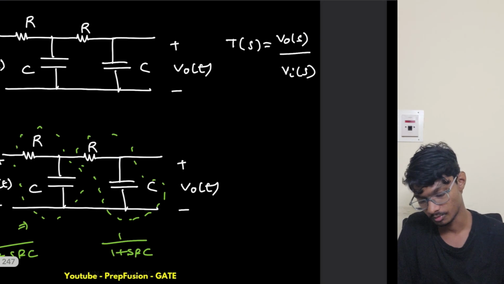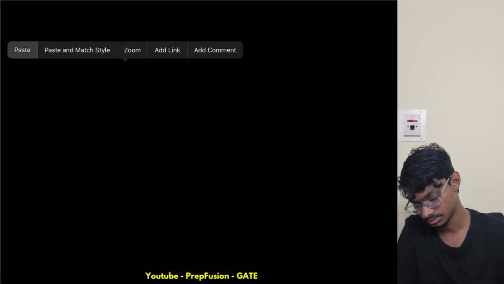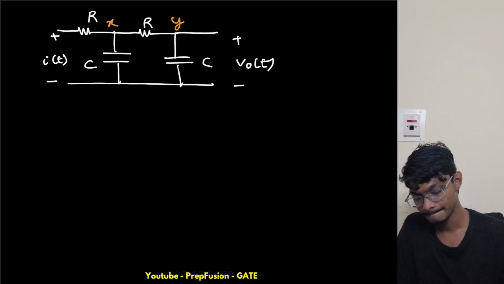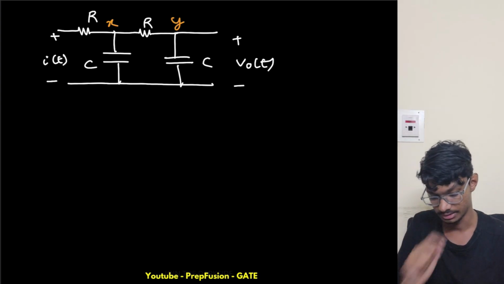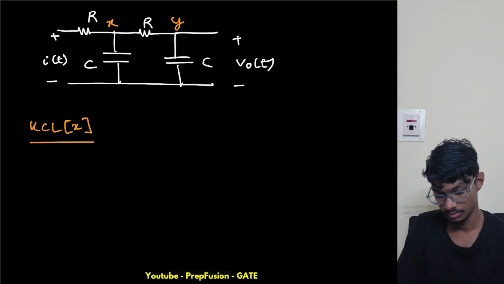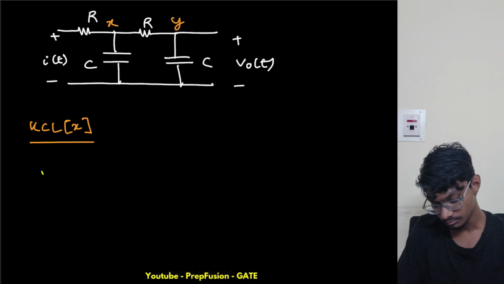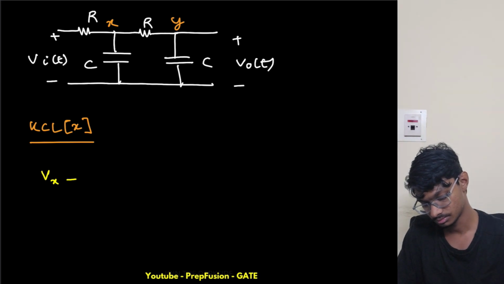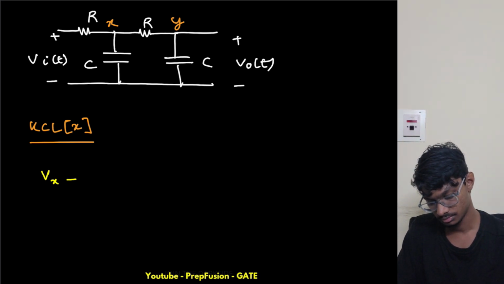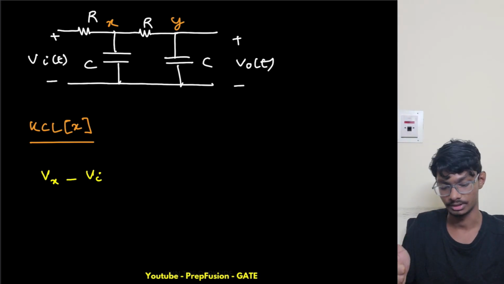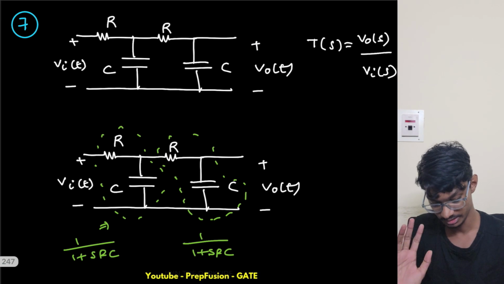What we will do, let me copy this circuit and I will assume nodes x and y. We'll write the KCL equations, right? KCL at node x. So it is Vx, this is Vi only. Okay, let me convert this into Laplace domain. I didn't convert it to Laplace domain, I'm really sorry for that.